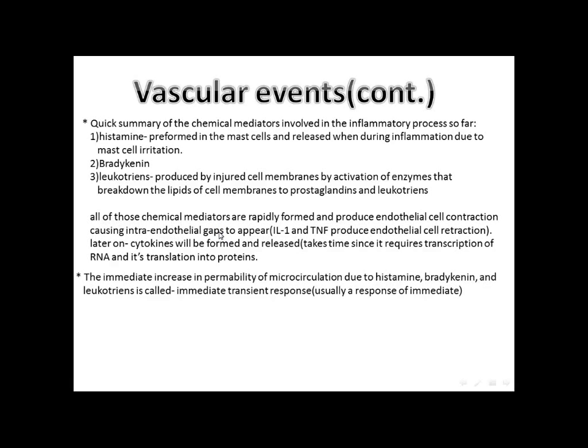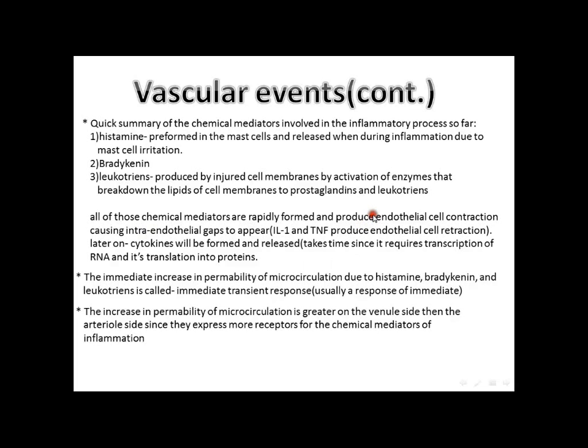So after some time, cytokines will be released, and the immediate increase in permeability of microcirculation is due to histamine, bradykinin, and leukotrienes. This type of reaction is called the immediate transient response. Sorry, there are some misspellings in the slide, but it's called an immediate transient response, which is caused by histamine, bradykinin, and leukotrienes, and it occurs immediately.